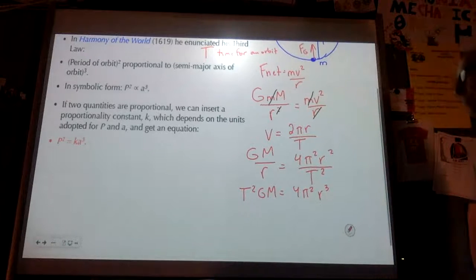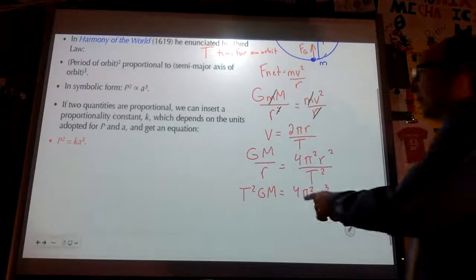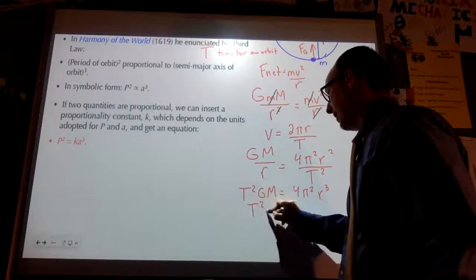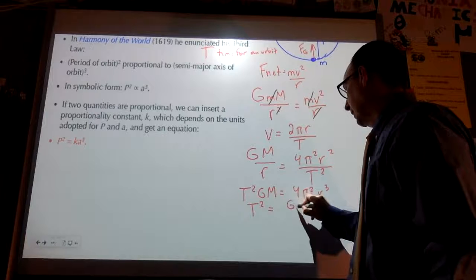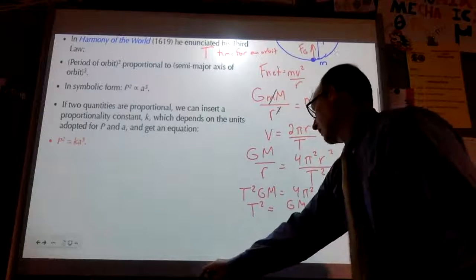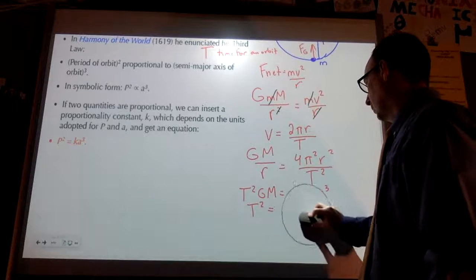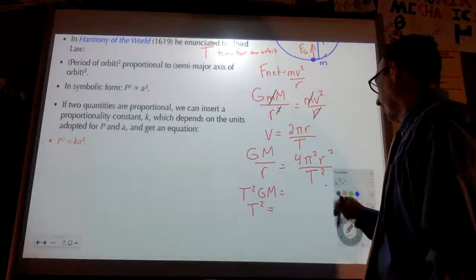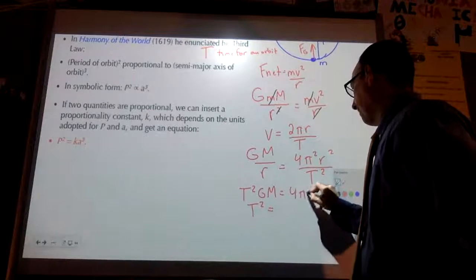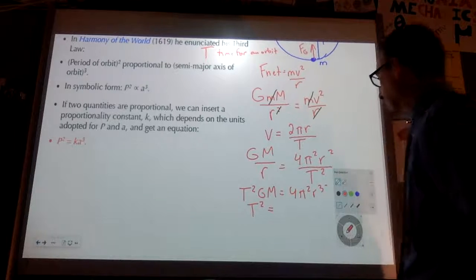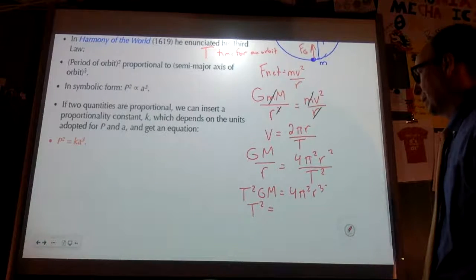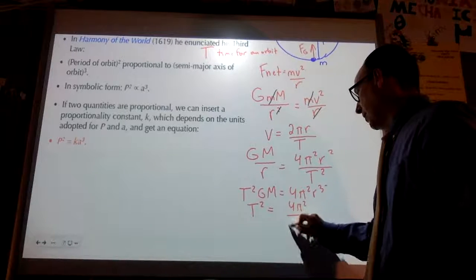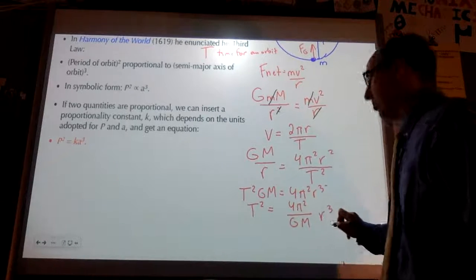So looking at what we have, I'll move GM over here so we can match up with their equation. I have 4 pi squared over GM r cubed.